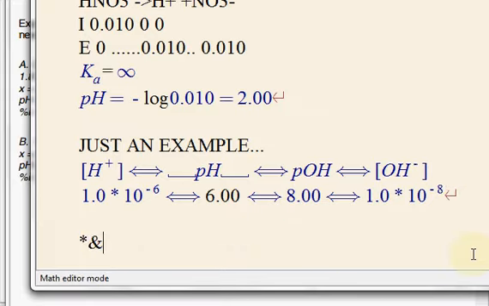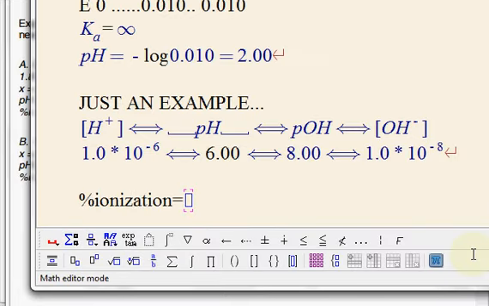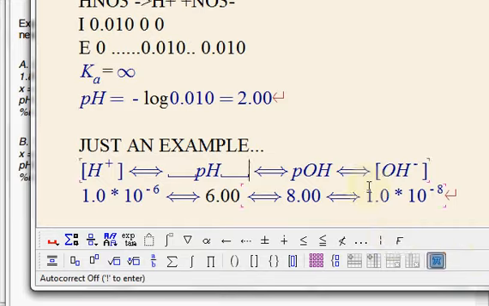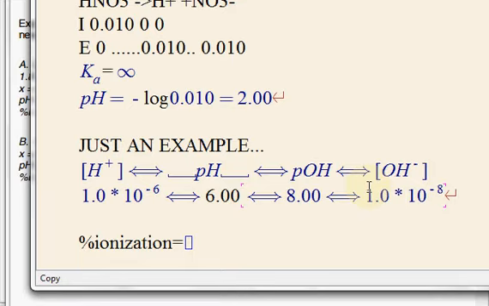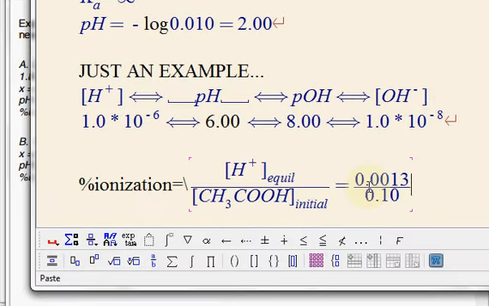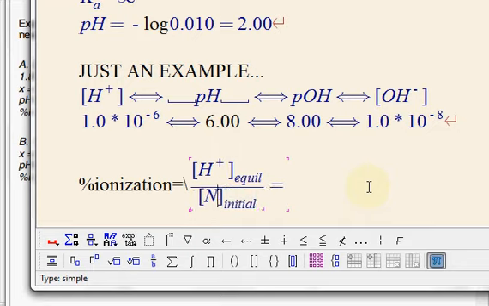Percent ionization equals, using my formula from above, the H+ at equilibrium over the, in this case, not CH3COOH, but the nitric acid, HNO3.